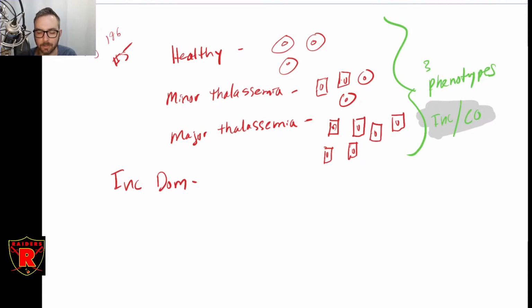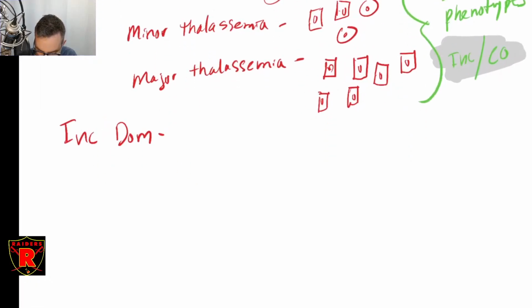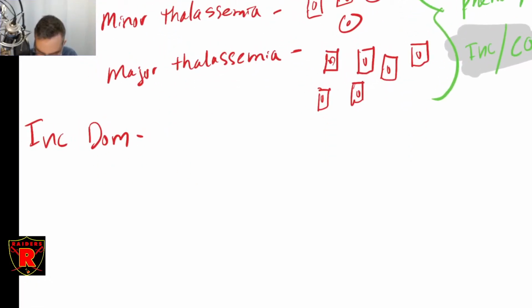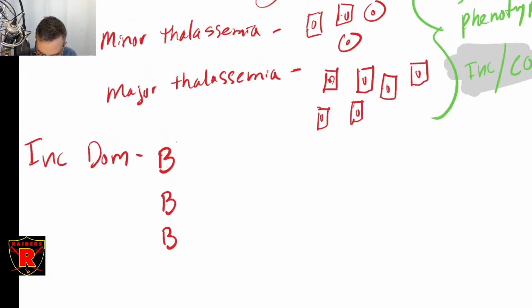It's when you have both different alleles. So let's write it as if it was that. Let's say I'm going to use B for my base letter. So you could have healthy blood, or you could have the hybrid.